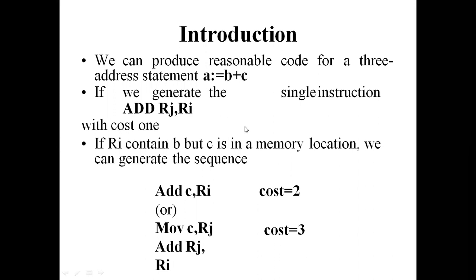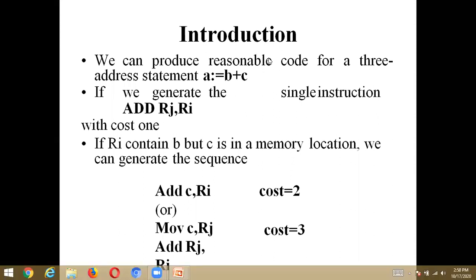Here we can define the cost of this instruction. It is a single instruction, so the cost is 1. Then, for example, if a register contains b, because we are using two operands, b and c, for computation, but c is in a memory location, then we can generate the sequence ADD c, Ri.